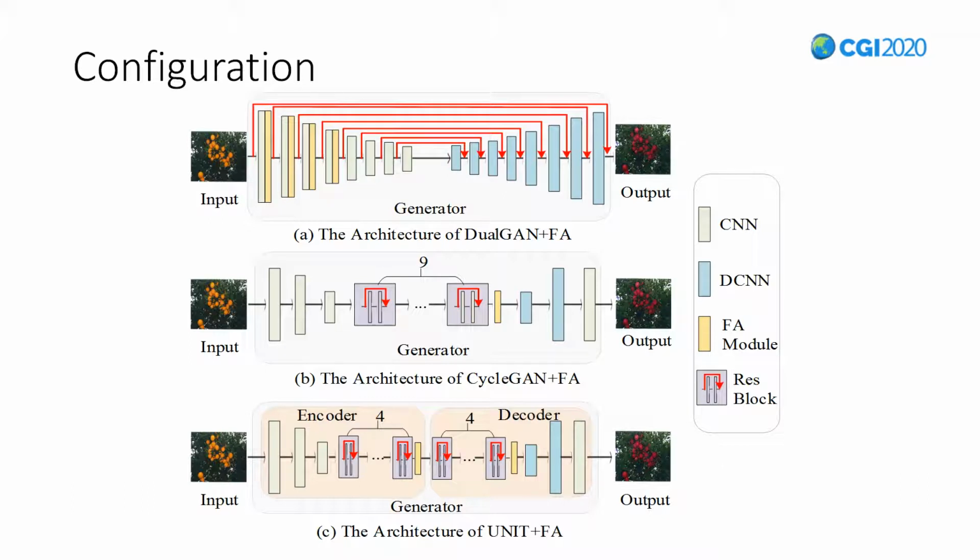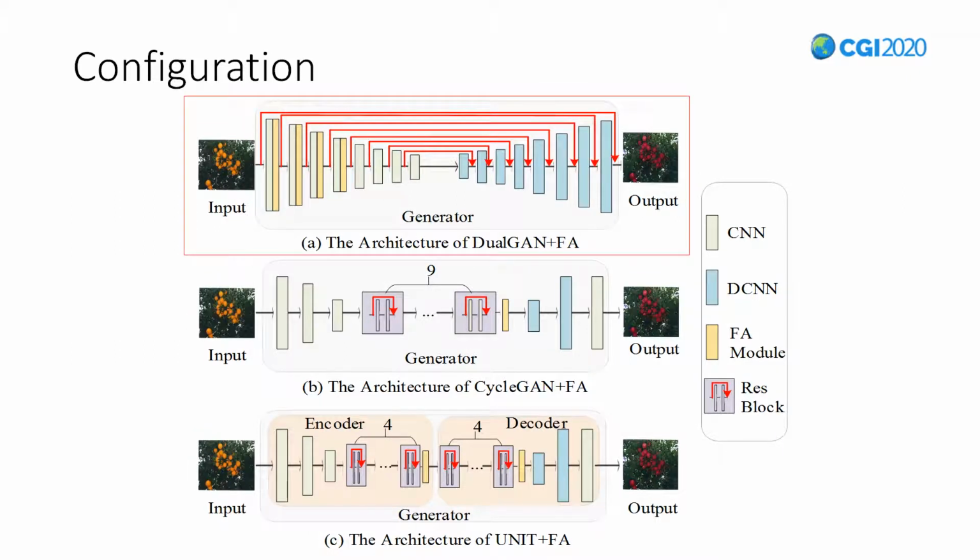Specifically, we designed three kinds of FA module adding methods for CycleGAN, DualGAN, and UNIT, respectively, according to their image translation frameworks. The details are shown in this figure. As A shows, in a UNIT-like network, the deeper the layer is, the larger the receptive field is.